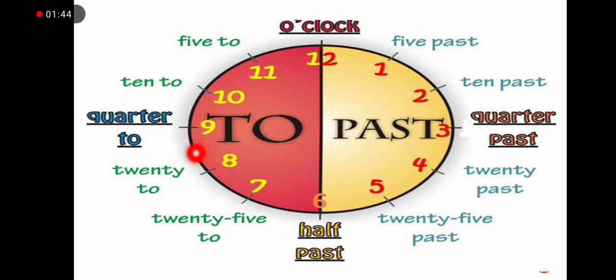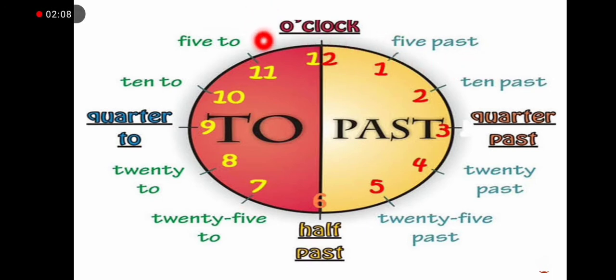When we move to 8, 20 minutes to the next hour. On 9, quarter to the next hour. Quarter to means 15 minutes to the next hour. Then on 10, 10 minutes to the next hour. On 11, 5 minutes to the next hour. And on 12, we can say o'clock.